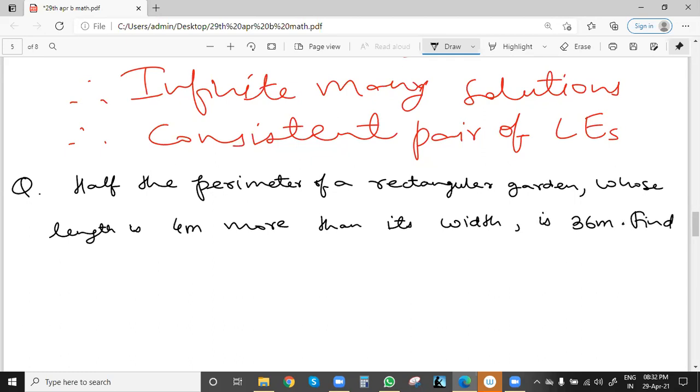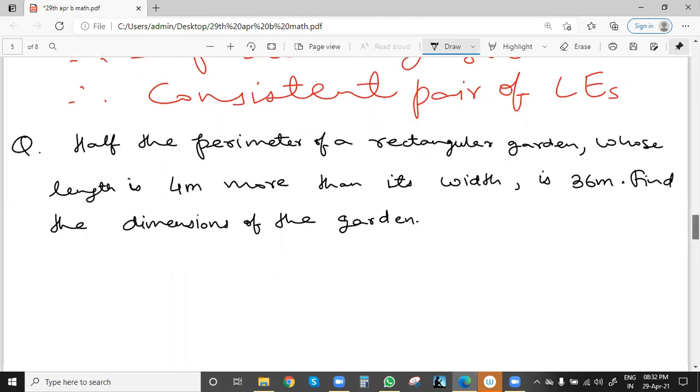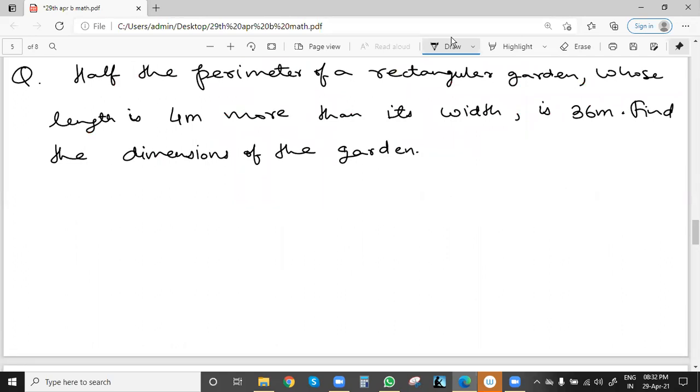Find the dimensions. Finding the dimensions means finding the length and breadth of the rectangular garden. I'll give 5 minutes for this question. Half the perimeter of a rectangular garden whose length is 4 meters more than its width is 36 meters. Find the dimensions of the garden.